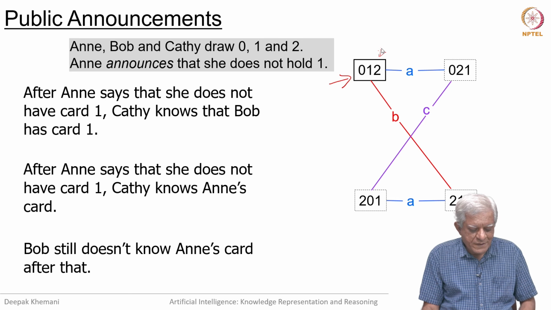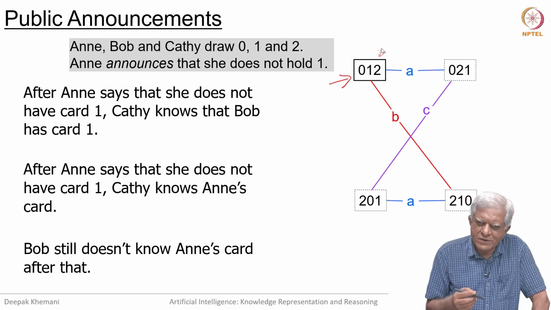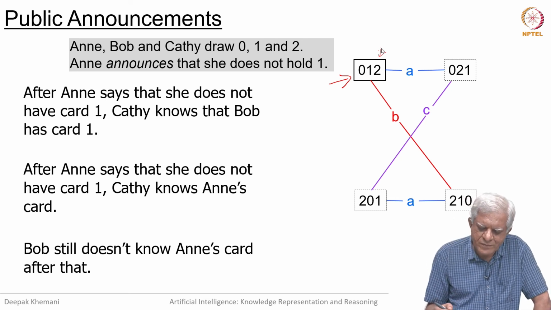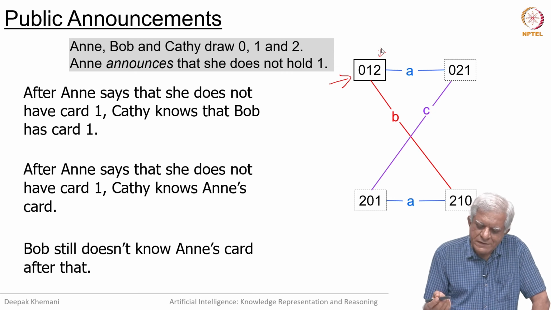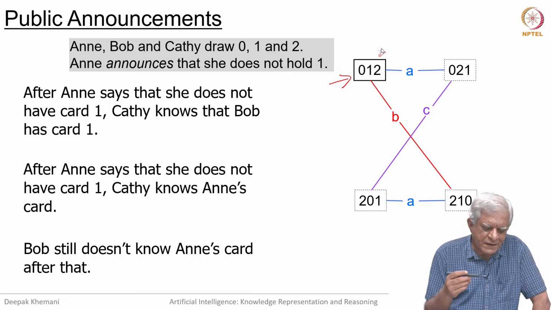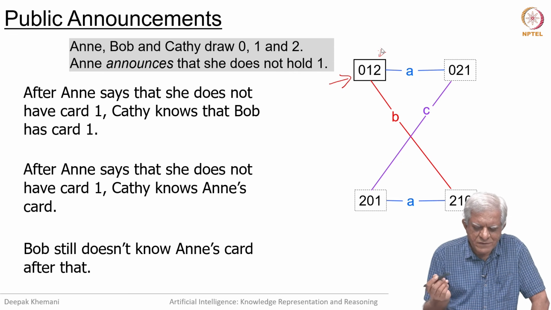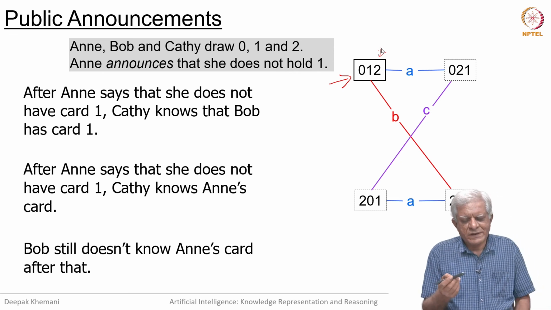But Bob still does not know anything. Bob has not got any new information. Bob was holding 1 and then Annie came and said that I am not holding 1. So, that Bob already knew.